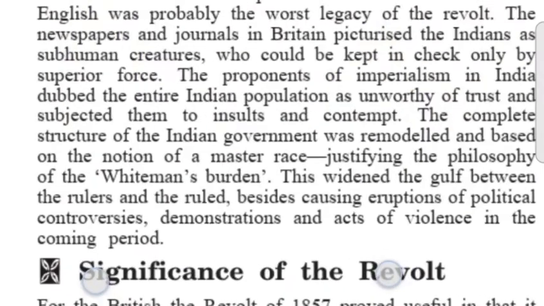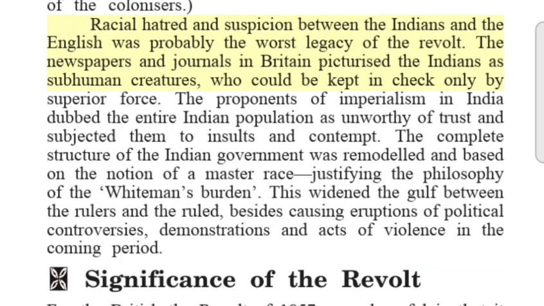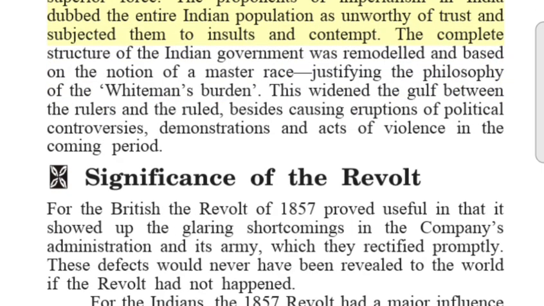Racial hatred and suspicion between the Indians and the English was probably the worst legacy of the revolt. The newspapers and journals in Britain picturized the Indians as subhuman creatures, who could be kept in check only by superior force. The proponents of imperialism in India dubbed the entire Indian population as unworthy of trust and subjected them to insults and contempt.